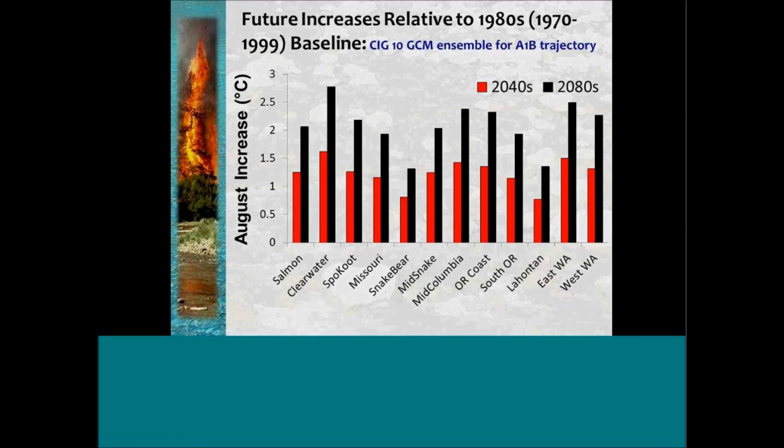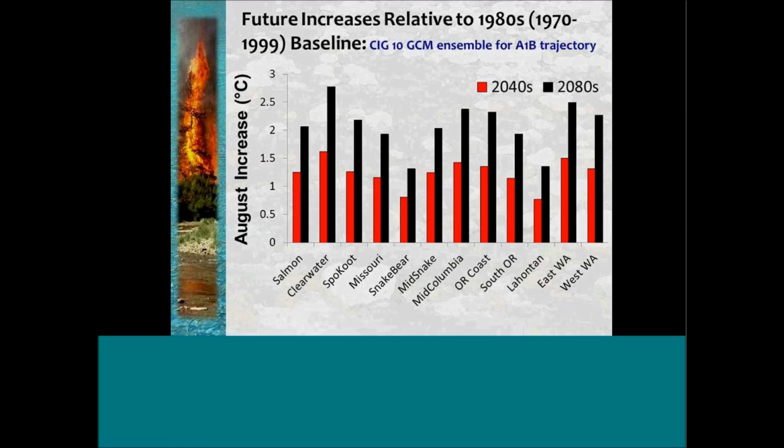Places like the upper Snake, which we're calling here the Snake Bear, don't seem to be nearly as responsive to climate forcing. The thought there is that there's a lot of fractured basalt and a lot of groundwater in that part of the world, and that seems to buffer the streams a little better than in other networks across the region.